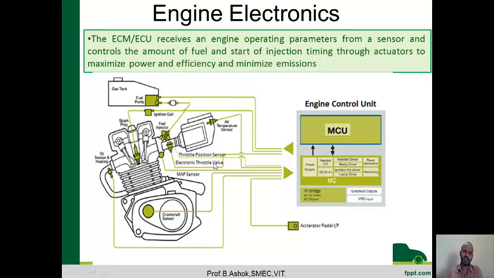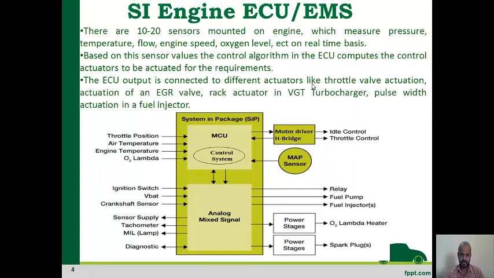There are also different numbers of actuators, typically 10 to 15, but here they have shown only 2-3 actuators. So the ECM or ECU receives engine operating parameters from a variety of sensors and controls the amount of fuel, start of injection timing and other parameters through a set of actuators to maximize the power and minimize the emission level.